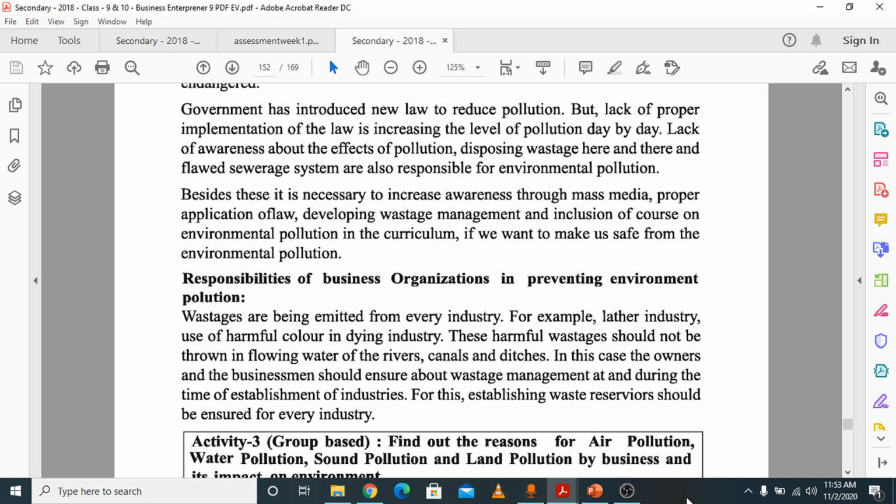These 2 topics are very important from this chapter, because the CQ and also MCQ questions arise from these topics. So you have to clearly memorize the responsibilities to our different stakeholders and environmental pollution, what the main problem of industrialization is and why it is the main problem, and the explanation should be provided.